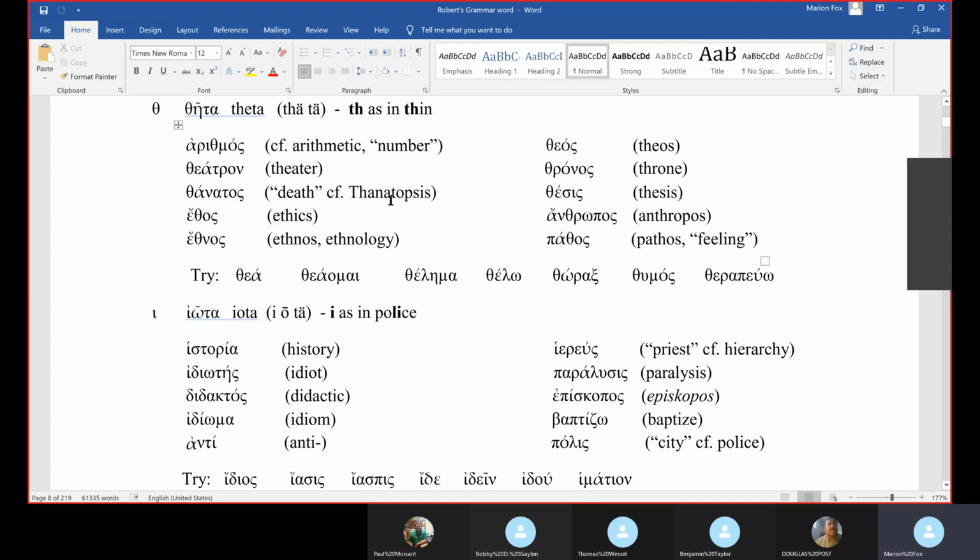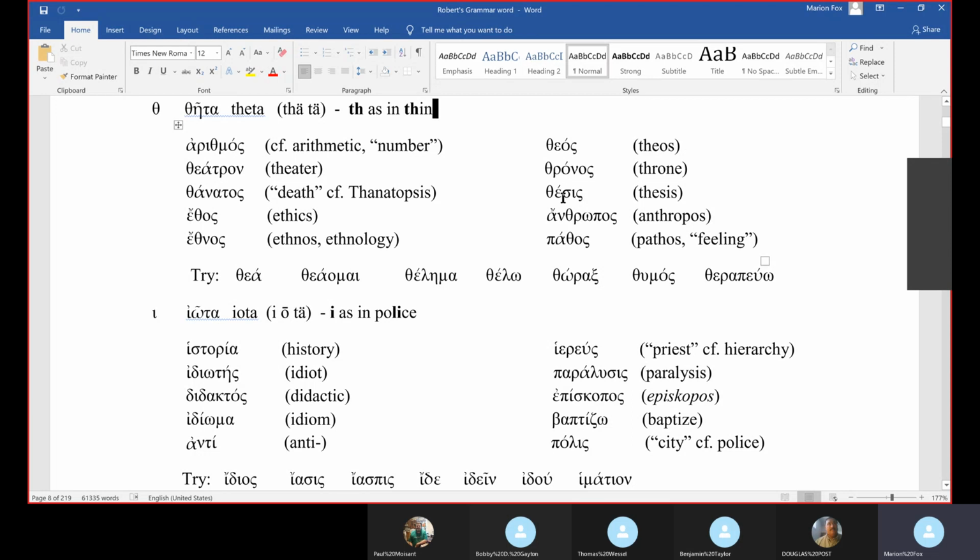And it's a poem about death. It's the word death. Ethos. And our word ethics comes from this. Ethos, in two syllables. Ethnos, that's the word ethnos, or ethnic. Right? Theos, that's God.